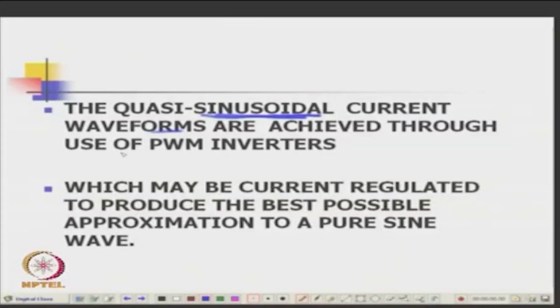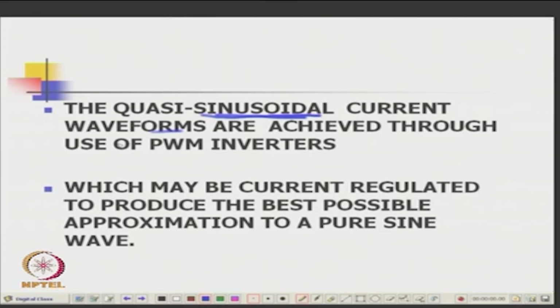Now, as far as the stator current is concerned, you must pass sinusoidal currents also, is it not? Input current to the winding, unlike a square wave one, must be sinusoidal in time, even though your supply is a DC.